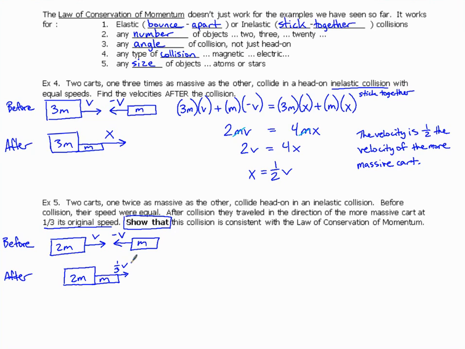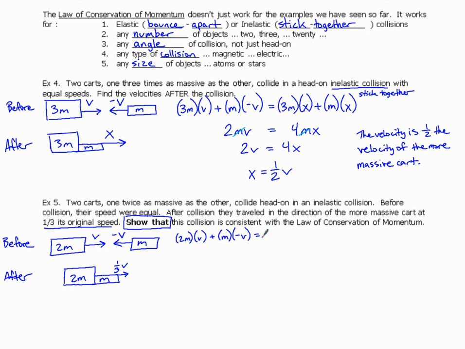We're using the same formula, law of conservation of momentum. So object A is the more massive cart. 2 times m is the mass. Velocity is v, plus object B is the less massive cart of mass m, and its velocity is negative v. Those are the before conditions.